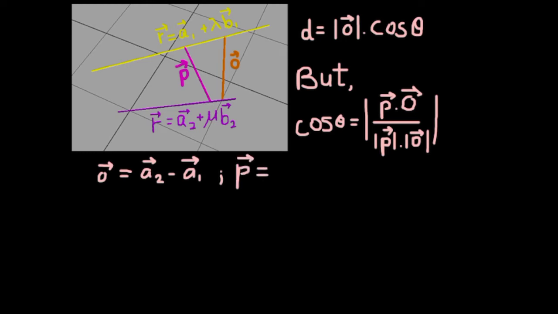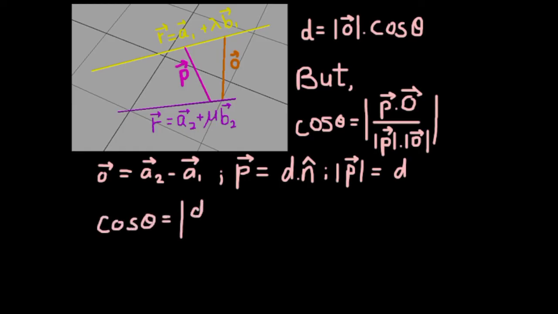This is the formula to find the angle between these two vectors, where theta represents the angle between the p vector and the o vector, where the o vector is obtained by joining the two points a1 and a2, and the p vector is perpendicular to both the yellow and purple lines.